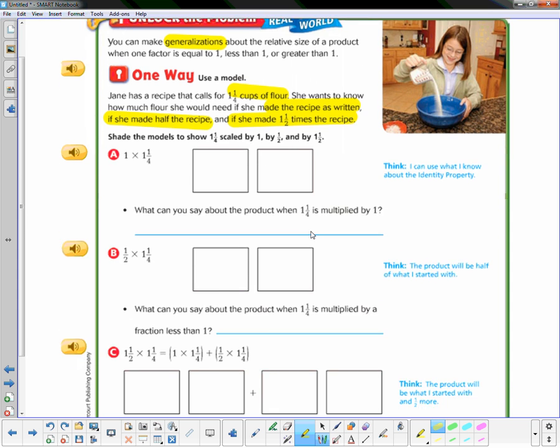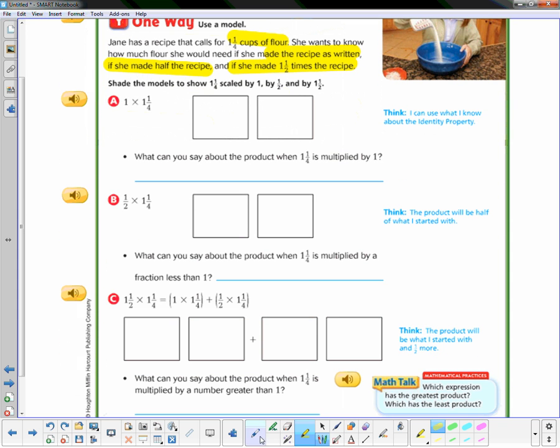So there's 3 things that we're doing. First, we are going to draw a model. We are going to shade a model to show 1 1/4 scaled by 1, by 1/2, and by 1 1/2.